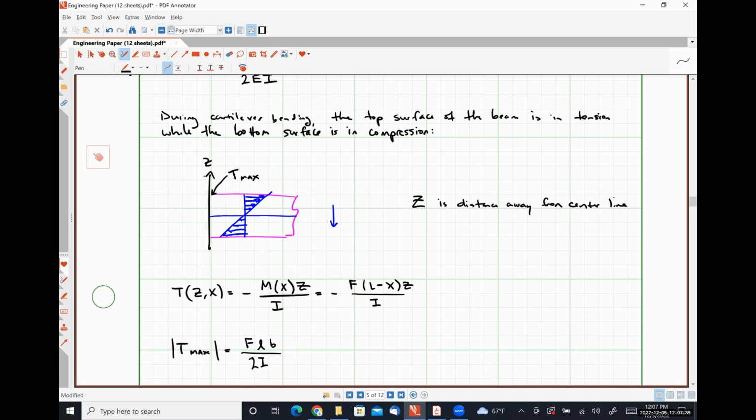The factor of 2 comes about because we are at a distance of B over 2 from our center line to that surface. And expressed in terms of beam deflection, this becomes 3EB divided by 2L squared Z. So we can express the maximum stress in terms of the applied force or the beam deflection.